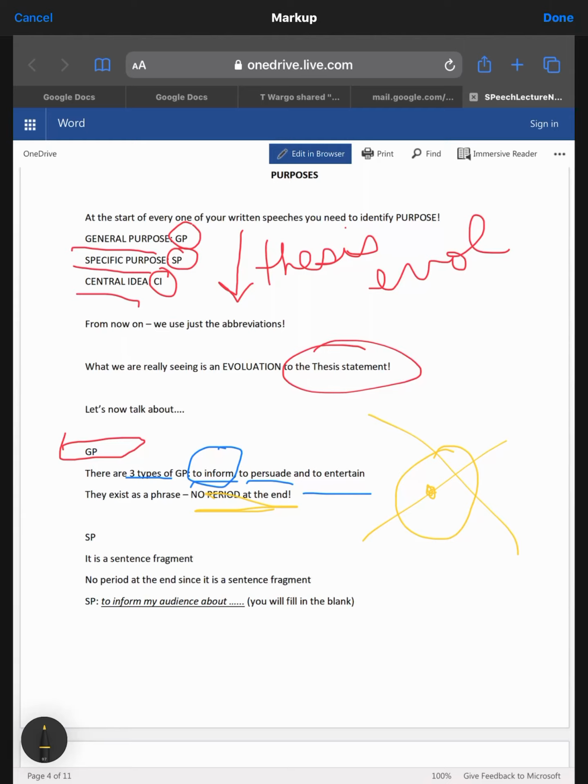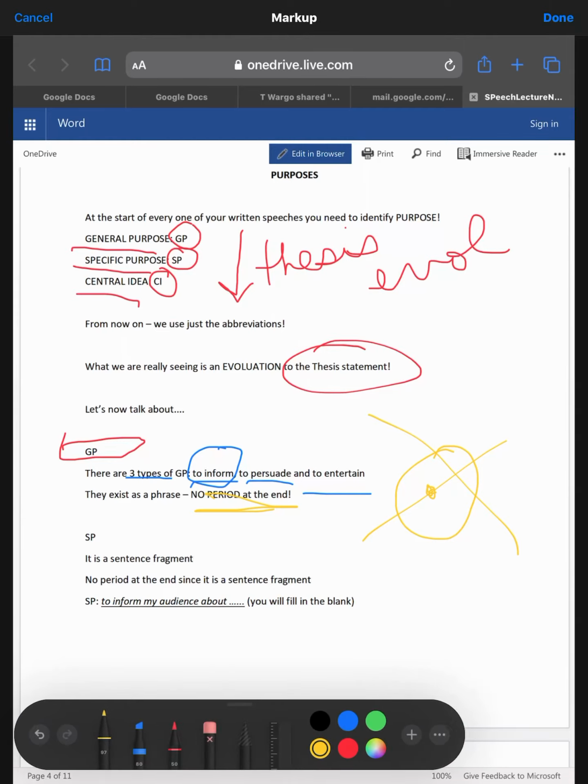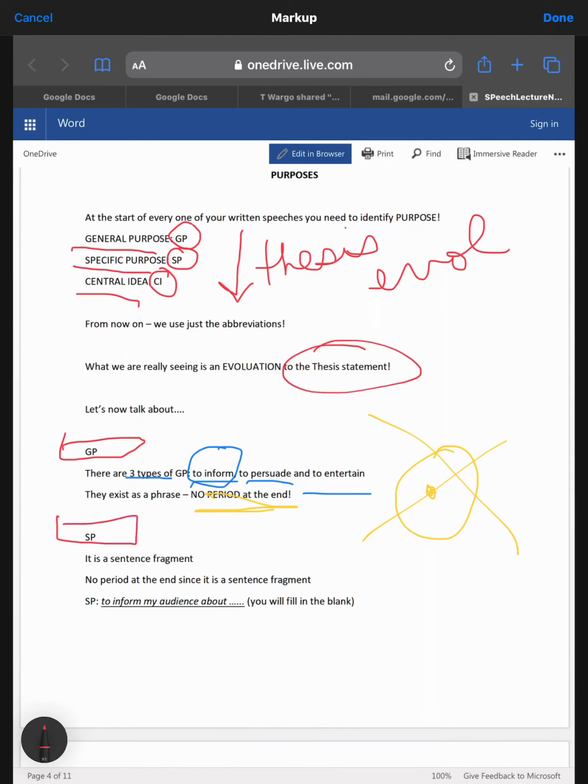All right, now let's jump to the SP. The next one is your specific purpose, the SP. Now, this one piggybacks off of the GP. What do I mean by that? Well, very quickly again, it's a sentence fragment. It's getting bigger.